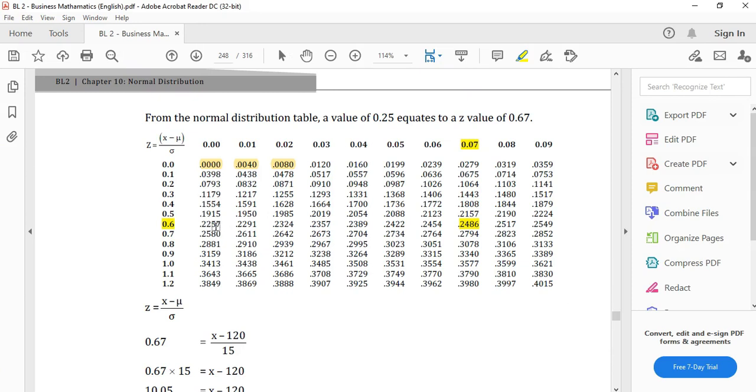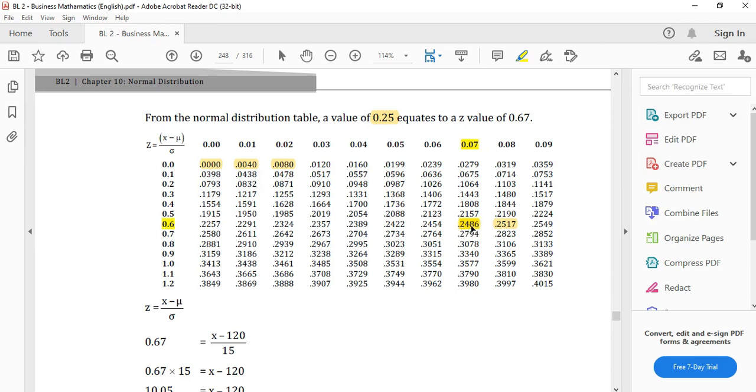So 0.22 is here, 2486 and then 2517. But this is more than 25%. And 24.86 is very close to 25%. So you choose this, something that is below the value that we are looking for, which is 0.25. Choose the one that is always below that.